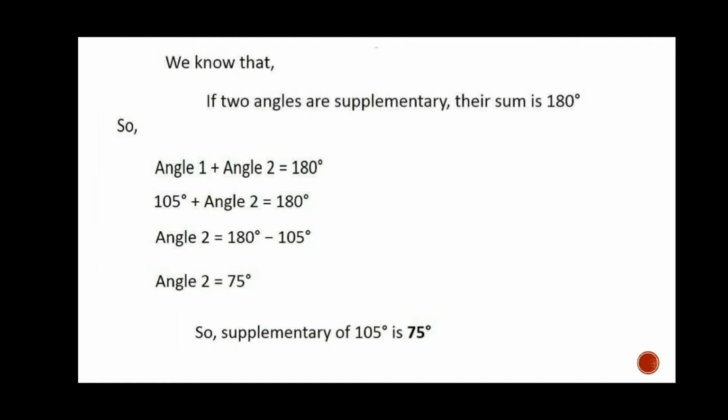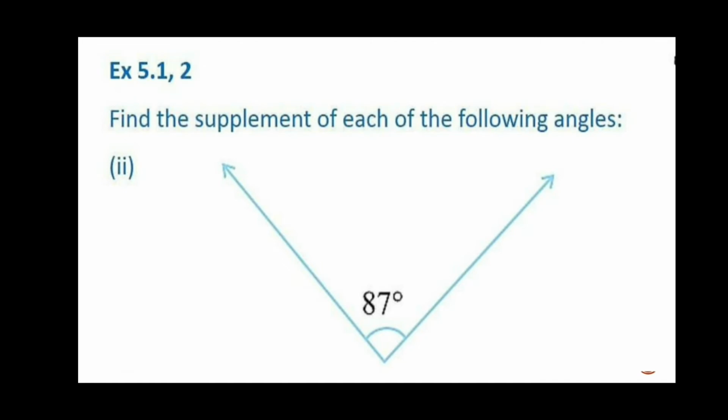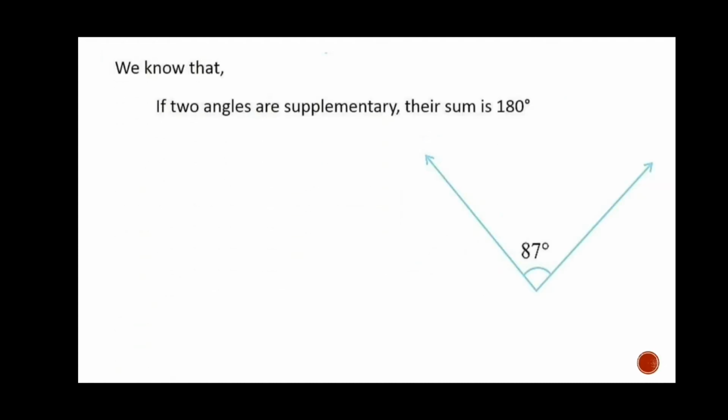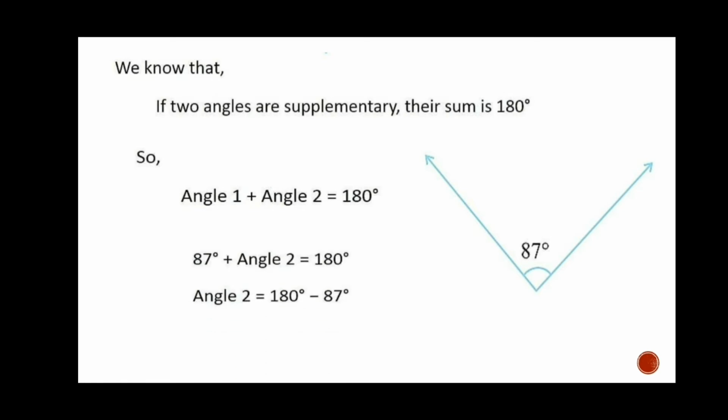I hope you are getting what we are doing. Now find the supplement of each of the following angles. The second part of this question is 87 degree they have given to us. So we will find the supplementary angle of 87 degree. So the same procedure, the sum is 180 degree. So angle 1 plus angle 2 is 180 degree.